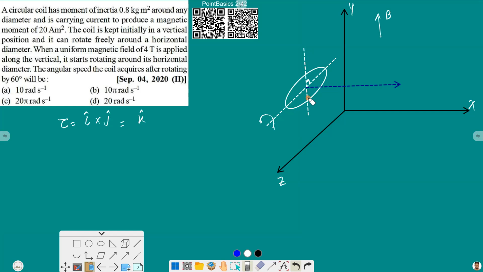So our coil will be rotating along this axis with this part going here, and this part moving like this. So this will be the basic configuration of the system if magnetic dipole moment aligns along the x-axis. Now this was the initial position, initial configuration, we can say.